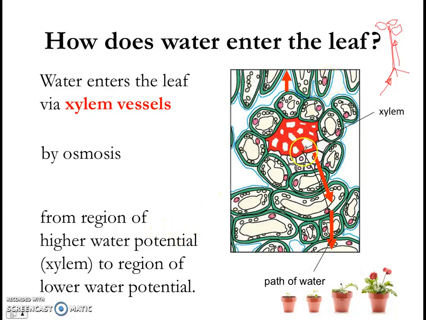The water potential is very high in the xylem, and it is lower in the surrounding leaf cells. That is because the leaf cells are using up the water for photosynthesis. As they use up the water, their water potential will decrease, and water is pulled out from the xylem into the cells. So that's how water enters the leaf.